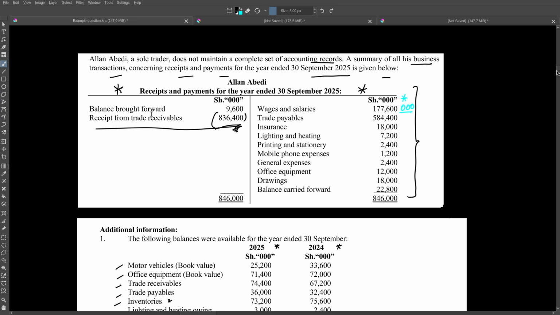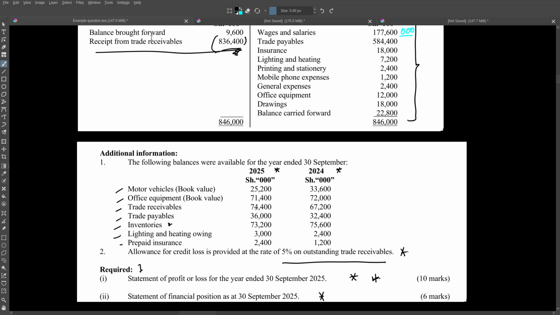But when you come to the balances, you're going to see there is still a balance of trade receivables of 74,400 as at 30th September 2025. This means as at 30th September 2025, we still had trade receivables from sales that have happened of amount 74,400. That means this is also part of revenue that has been earned during the period, because you record something in accounts receivable if you have earned that revenue.